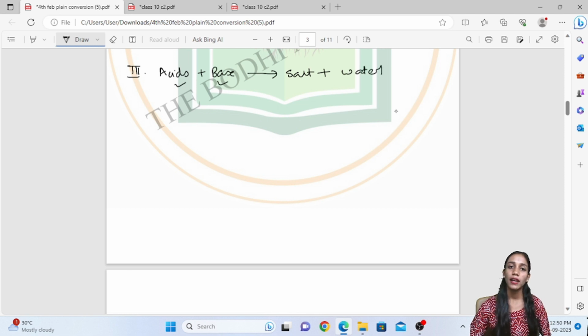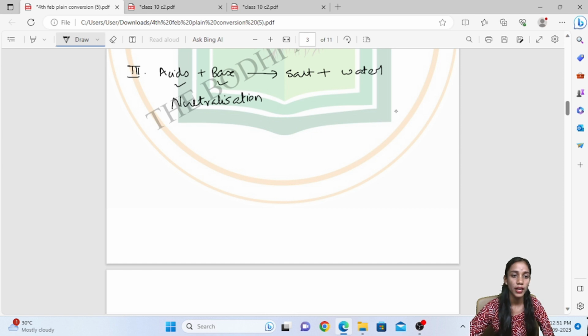In this reaction, the interesting thing is that acids and bases both tend to nullify each other's effect. Acids will nullify the base's effect and bases will nullify the acid's effect, and therefore this reaction is called a neutralization reaction. They produce salt and water.